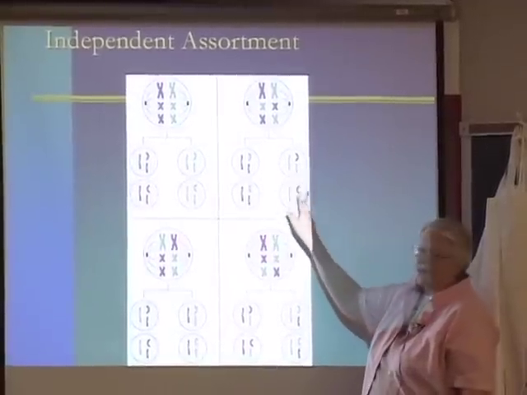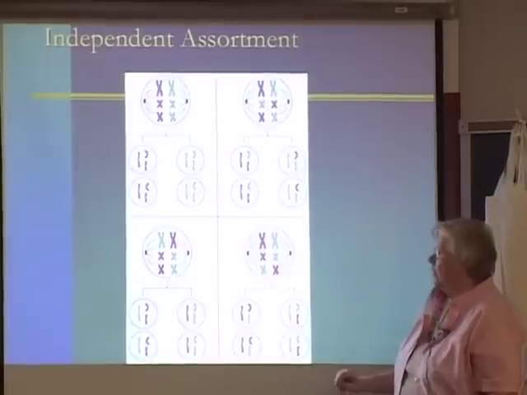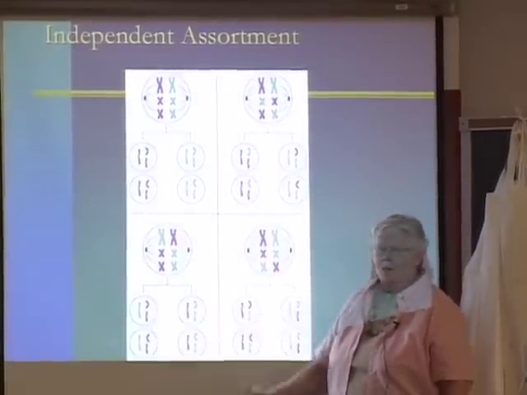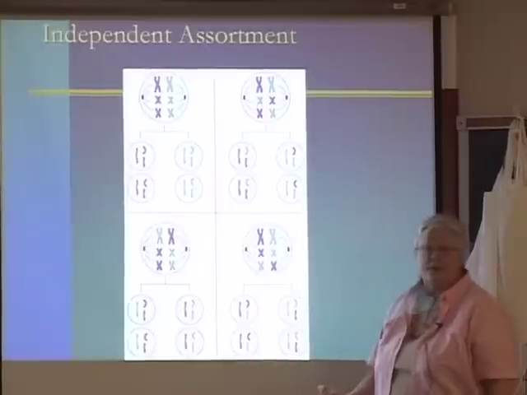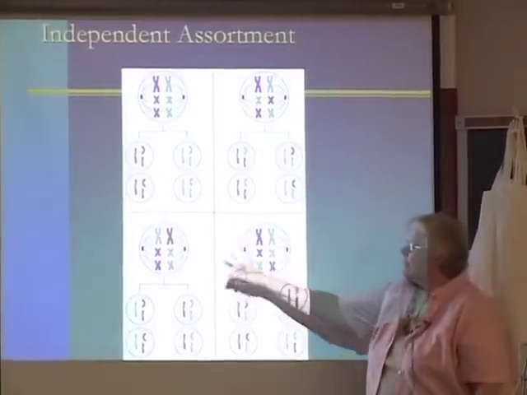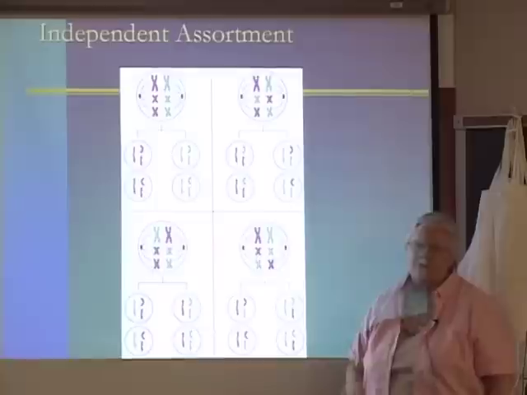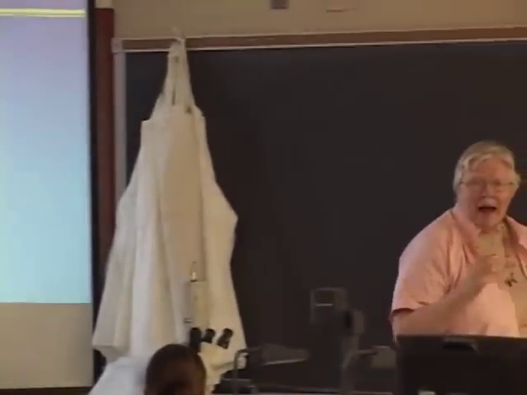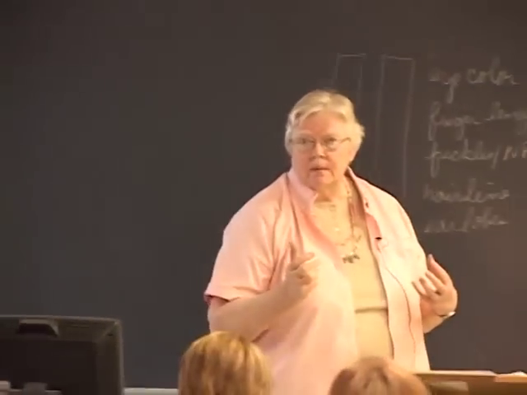Here, over here, we have two green and a purple. Or they can separate so we have a different green and two purple, a different purple and different greens, and so forth. And so you can see that from these same three pairs of chromosomes, we can get a lot of variation on how they're going to separate.